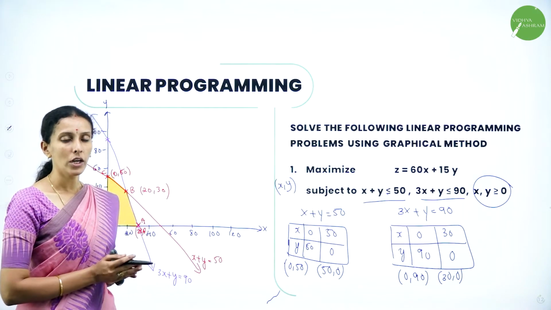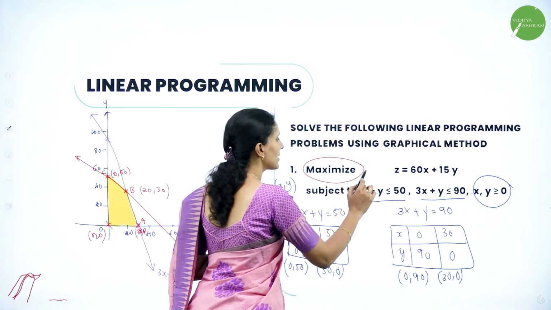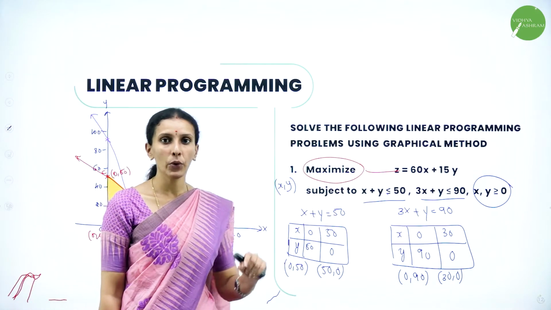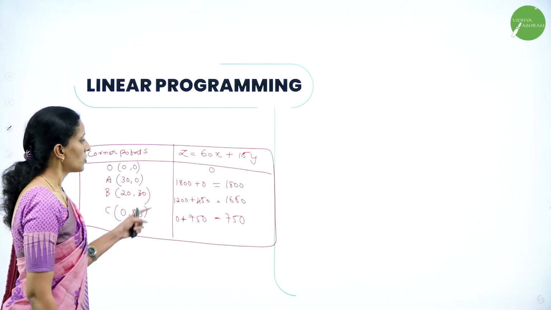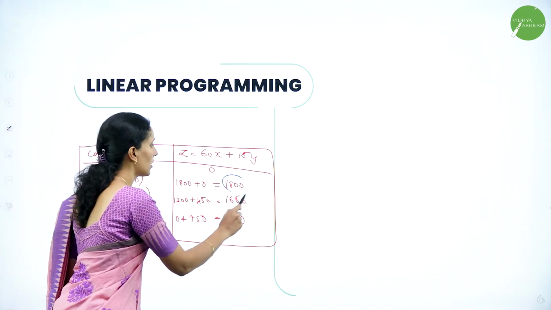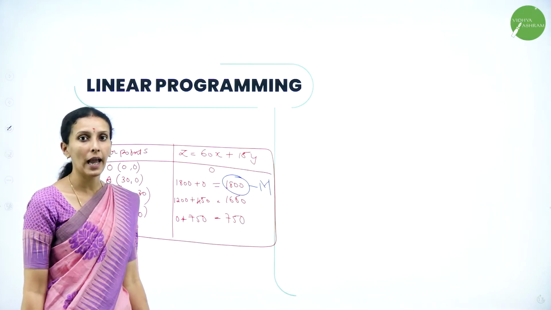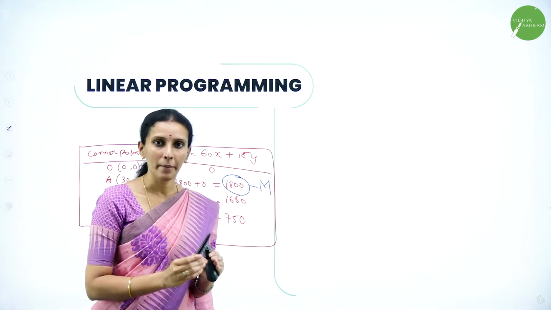Now we have solved the corner point table. My aim is to maximize the function. Maximize means finding the maximum value at the given corner points. So look at the table now. Where are you finding the maximum value? Here, 1800 is the maximum value. We write it using capital M. Capital M means maximum value, small m means minimum value.